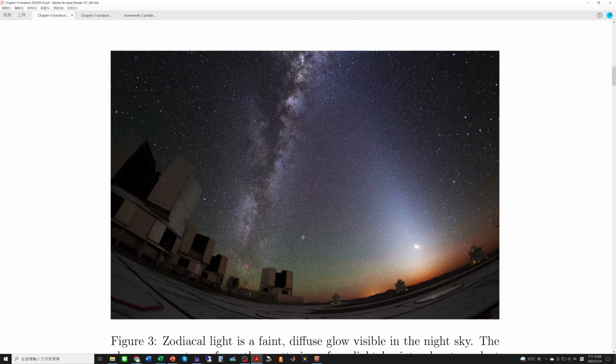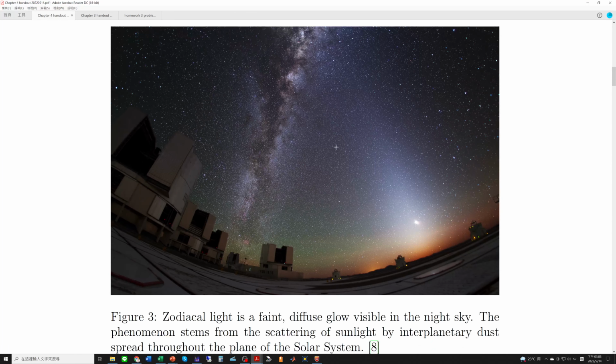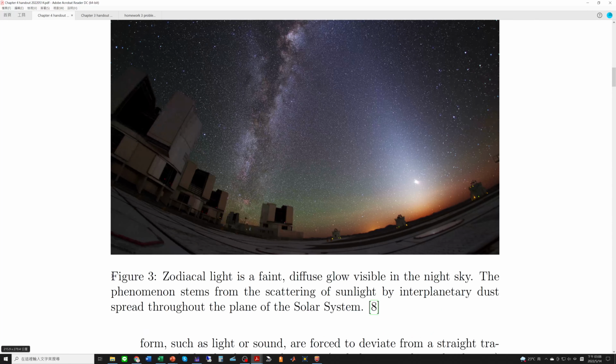You can see that it is a beautiful photograph at night, and there are many stars in the sky. Figure 3: the zodiacal light is a faint, diffuse glow visible in the night sky. The phenomenon stems from the scattering of some light by interplanetary dust spread throughout the plane of the solar system.